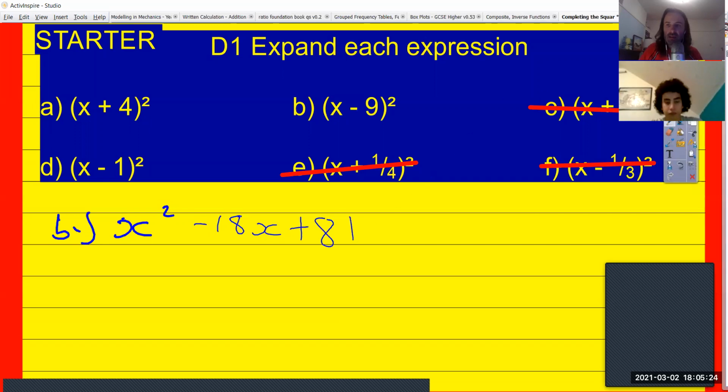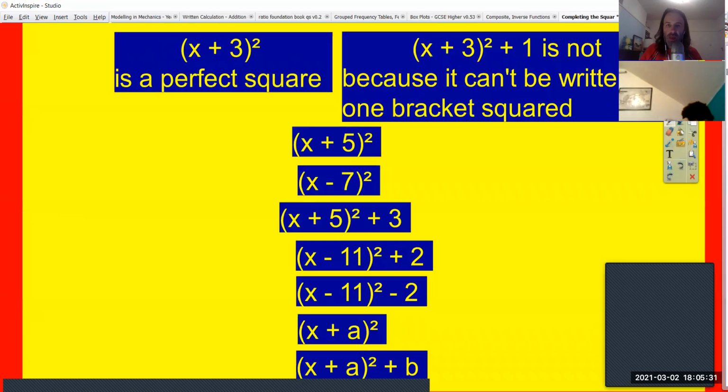That's it. These are what's called perfect squares, because it's just something squared, basically. And the other one isn't a perfect square.